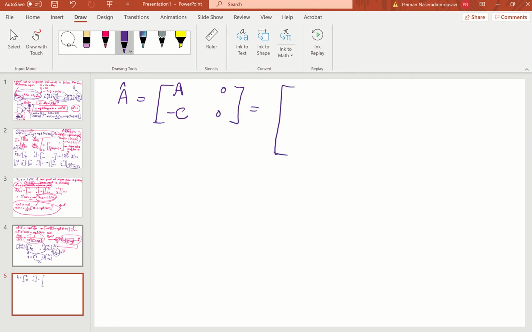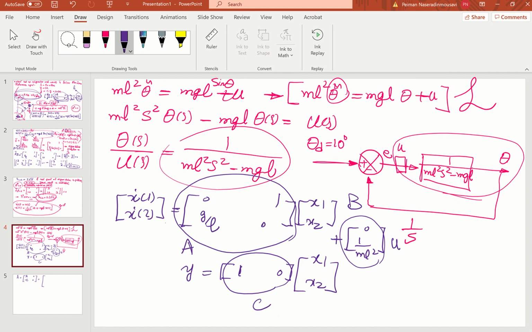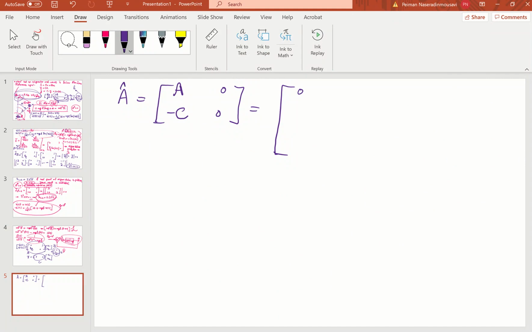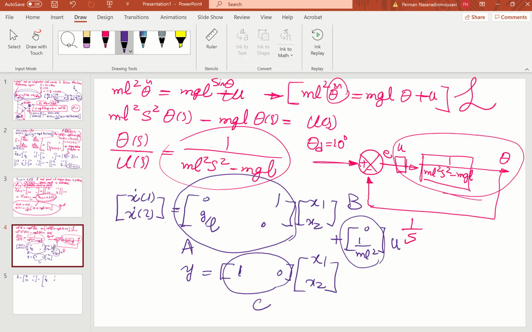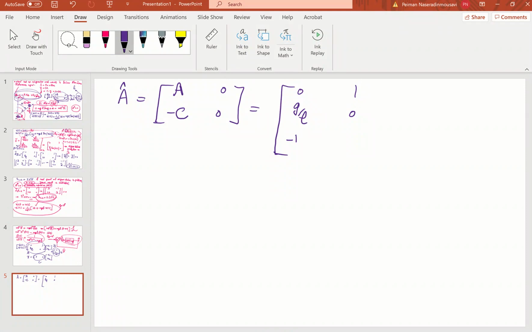So your original A in this problem is 0, 1, g over L, 0. And your minus C is minus 1, 0, and what you hit here is 0, 0, 0. This 0 is for this. This is your A hat.